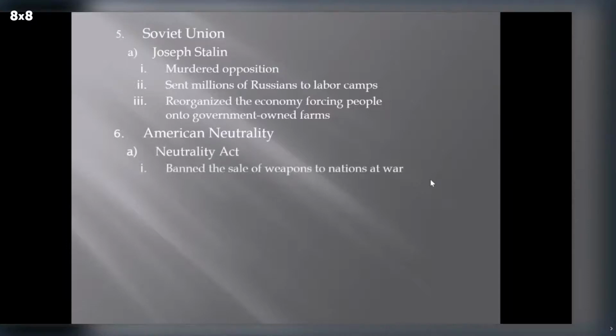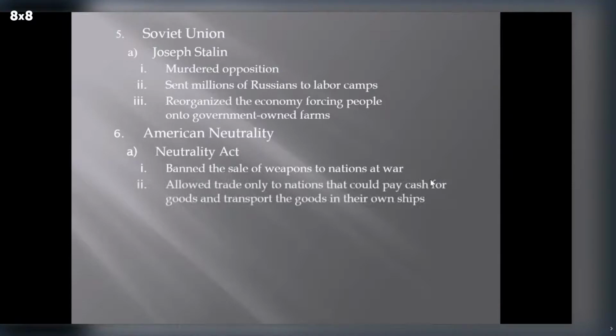So we passed something called the Neutrality Act, saying that we would not sell weapons to nations at war. And we would only allow trade to nations that could pay cash and take it themselves. We weren't bringing anything anywhere. We weren't selling it anywhere, but on our own land. You come get it, you pay for it. You haul it away.